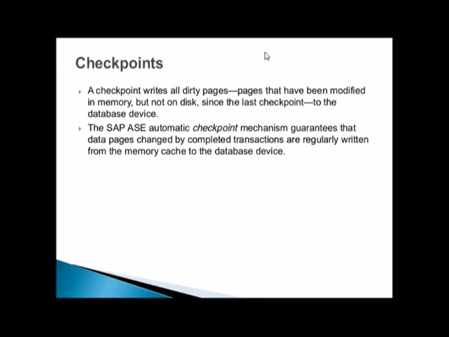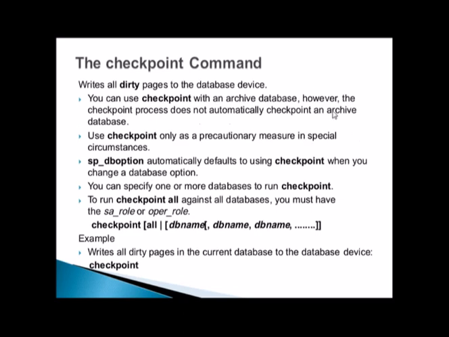So we have an automatic concept of checkpoint, and this mechanism guarantees that the changes made in the data pages by transactions are regularly written from memory to the database device. We have a command if we want to do that from our side, and that command is checkpoint. It writes all dirty pages to the database device.